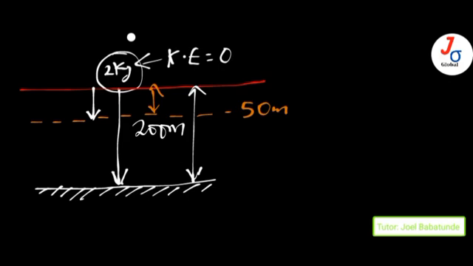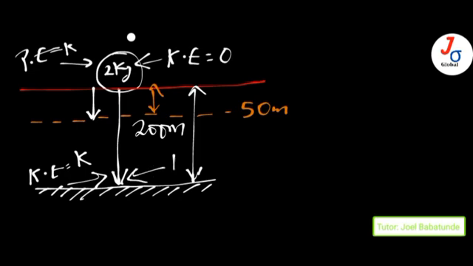Then the potential energy has to be a particular value, which we don't know for now. At the ground level, the kinetic energy is a particular value, let's call that K. We don't know it. At the ground level, the potential energy is 0 because it has no height.